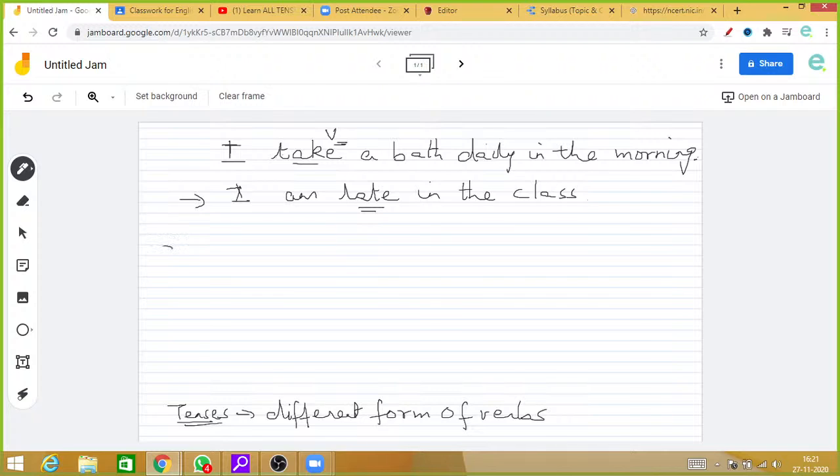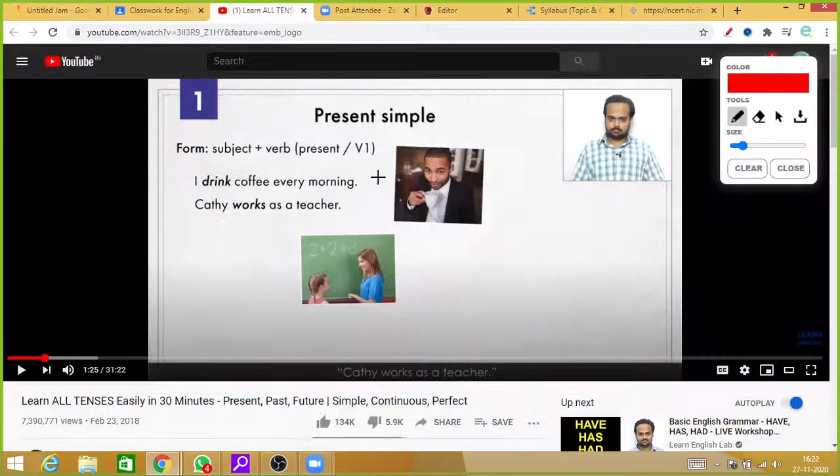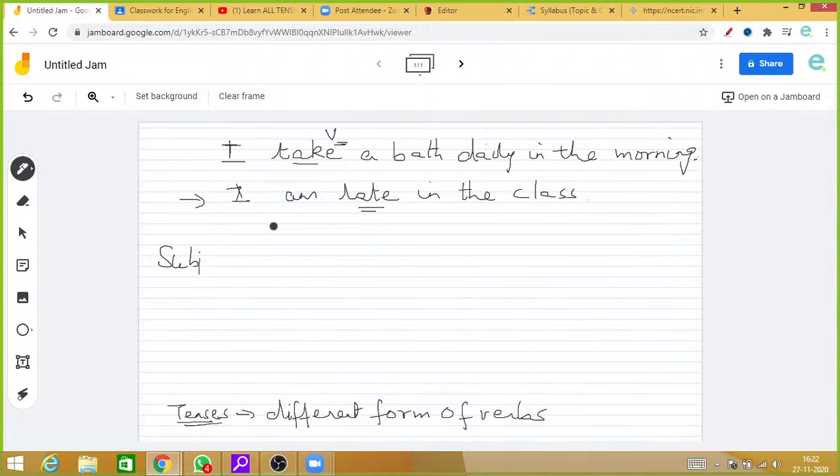There has to be a subject. Like here just now he showed us, he said subject plus verb. So there has to be a verb in a sentence. If the sentence is complete, I am late in the class, then there has to be a verb there.